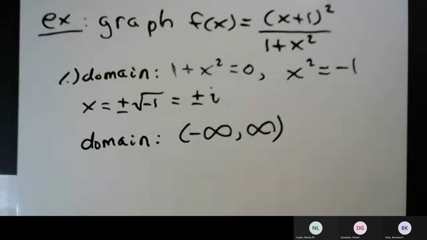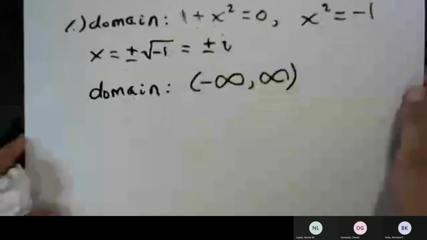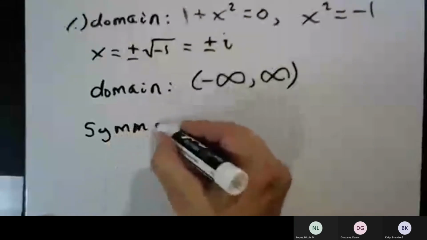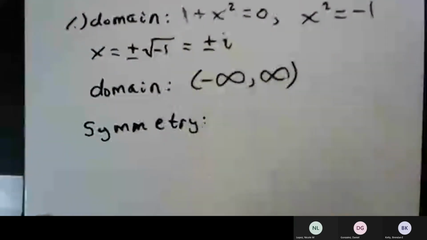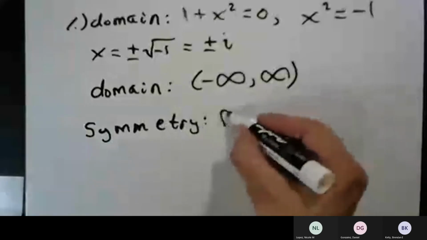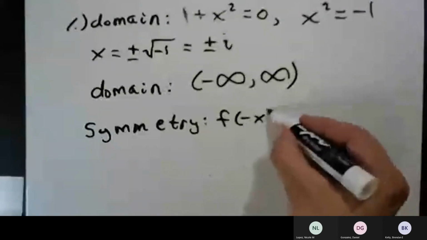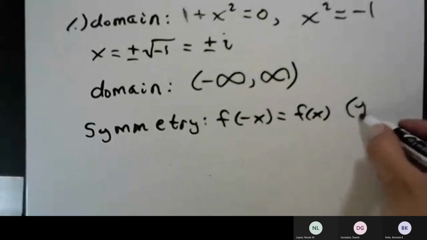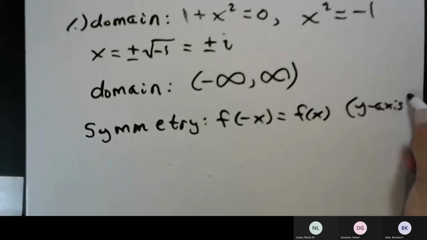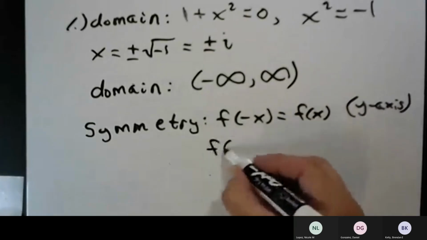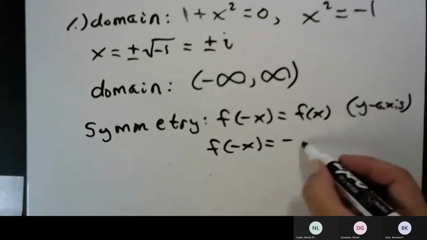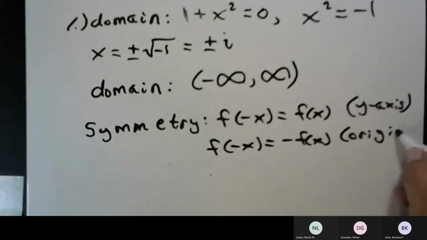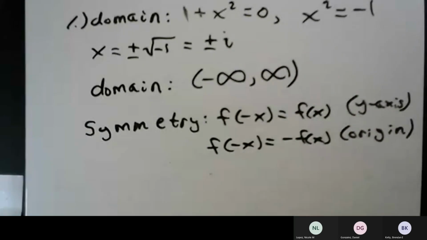Now, for symmetries, we can do our test for symmetry. And this comes from, and they make a little note in the text here, section 1.1. Let's see what f of -x produces. Now remember, f of -x, if the negative just disappears, this is symmetric about the y-axis. But if the negative passes through, this is symmetric about the origin. And again, this just kind of helps you graph the function.